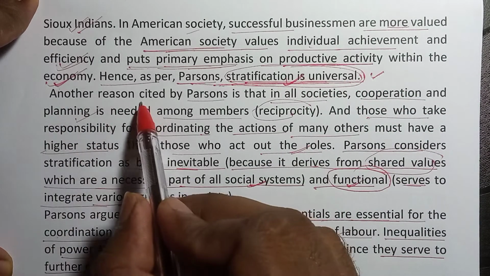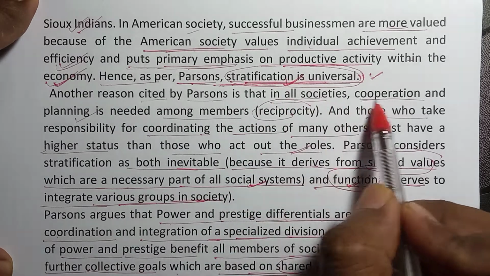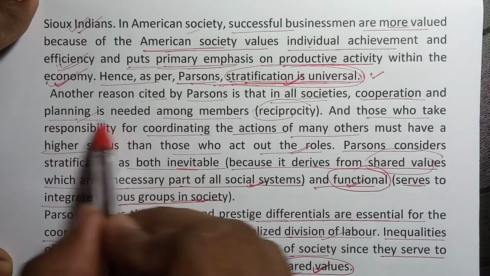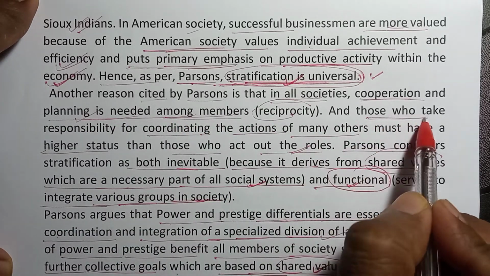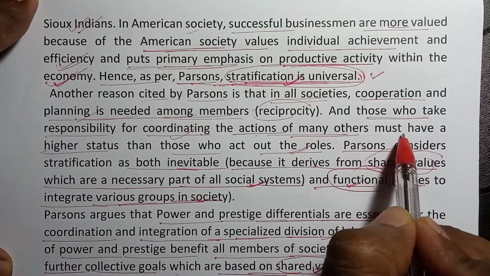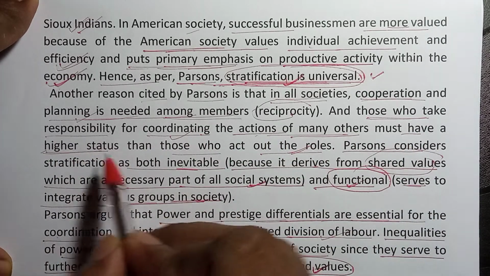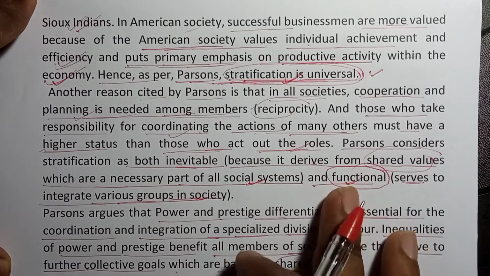Another reason cited by Parsons is that in all societies, cooperation and planning is needed among members, and those who take responsibility for coordinating the actions of many others must have higher status than those who act out the roles.